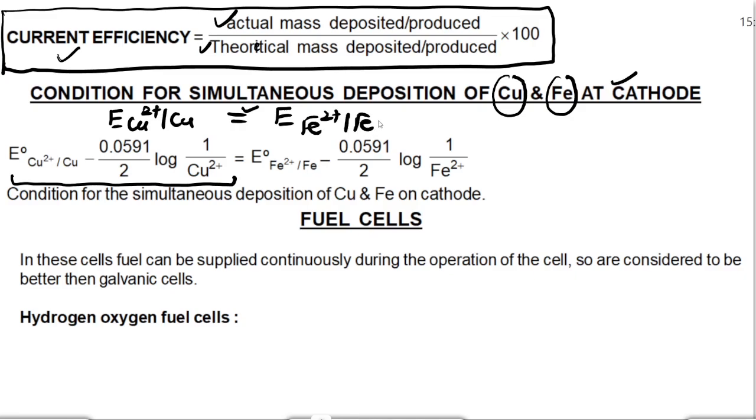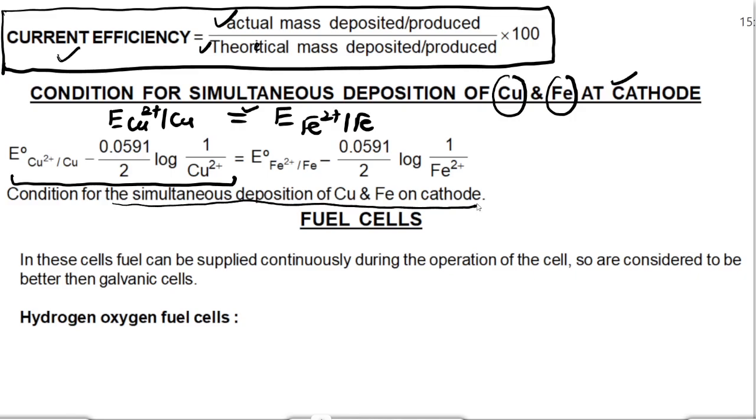Then there is simultaneous deposition of two metals. So see, E naught copper 2 plus copper minus 0.0591 upon 2 log of 1 upon copper 2 plus equal to E naught Fe2 plus Fe minus 0.0591 upon 2 log of 1 upon Fe2 plus. This is the condition for the simultaneous deposition of two metals on the cathode.